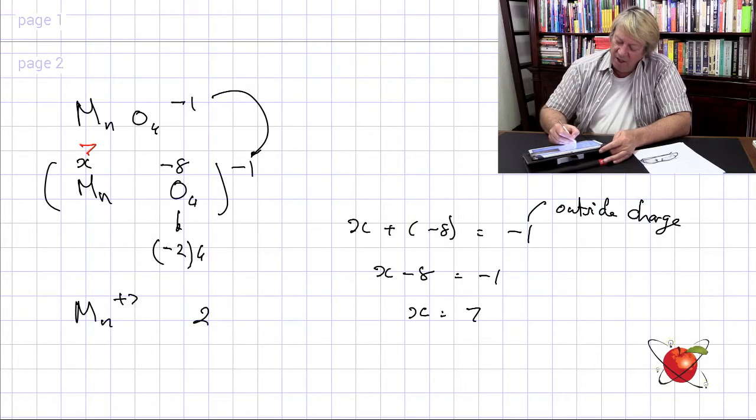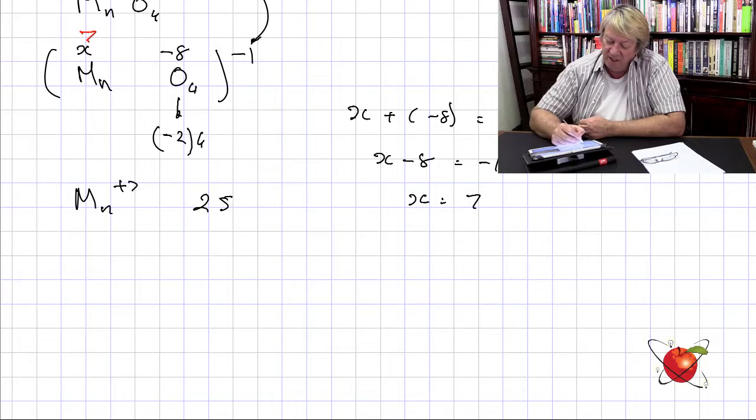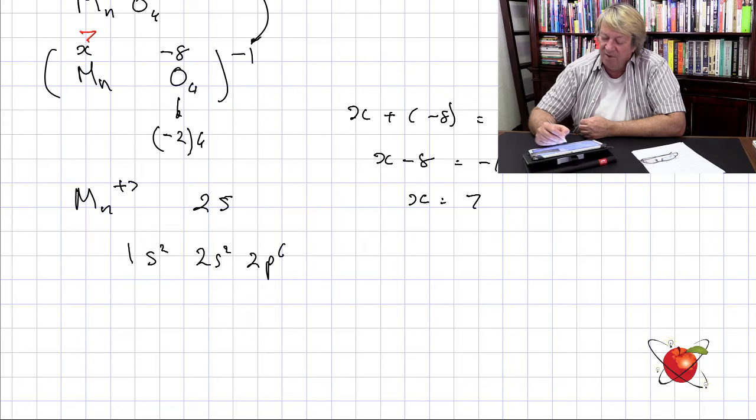What is important with this is to say, but hold on, how many electrons has manganese got? If you go to your periodic table and look up the manganese element number, you'll see that it is actually 25, all right? So theoretically, it's got 25 electrons that it can give away. So if you want to take it just a bit further, let's see if we can work it out: 1s2, 2s2, 2p6, 3s2, 3p6.